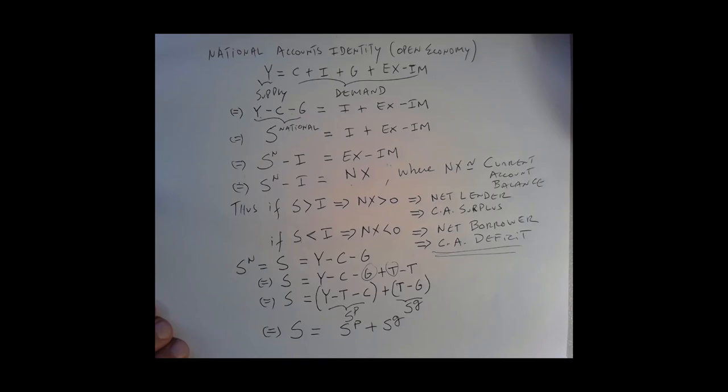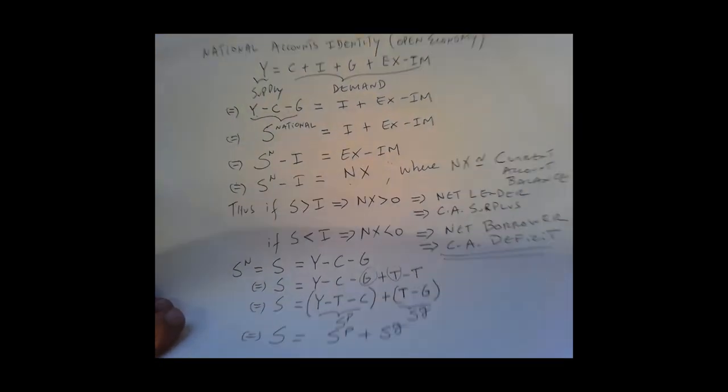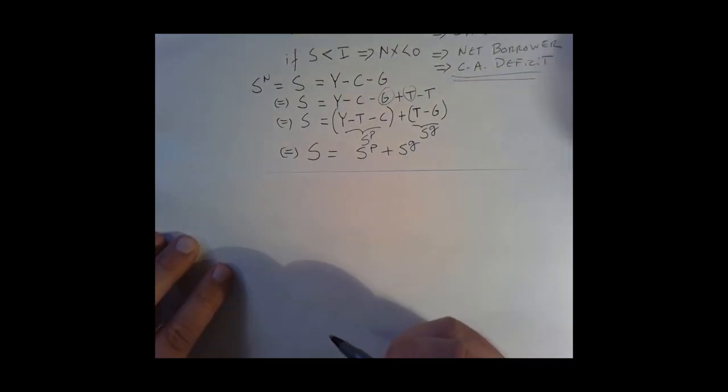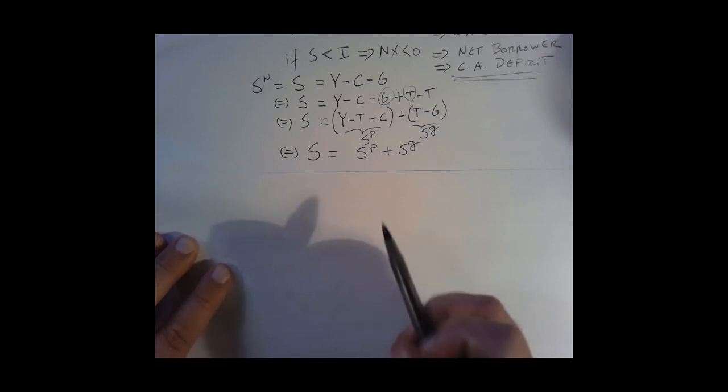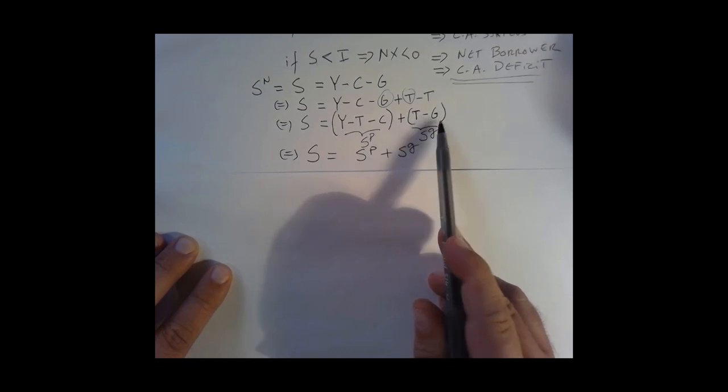Okay. Now, to get the equation that Carabao shows in slide 25, we need to keep taxes and government purchases, these two variables there.